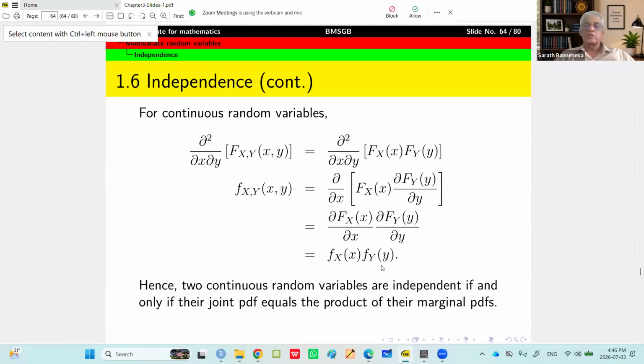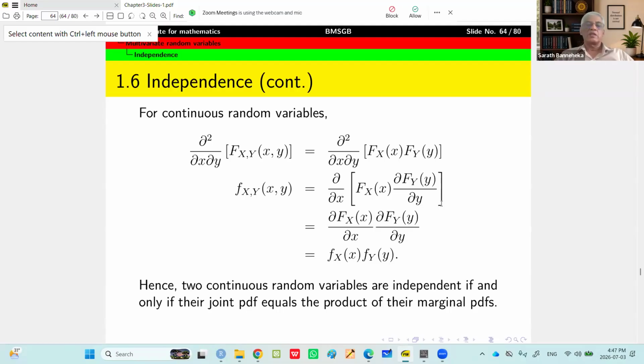This is actually easier than expressing in terms of the cumulative distribution function. So we would say two continuous random variables are independent if and only if the joint density function can be written as a product of the two individual density functions.